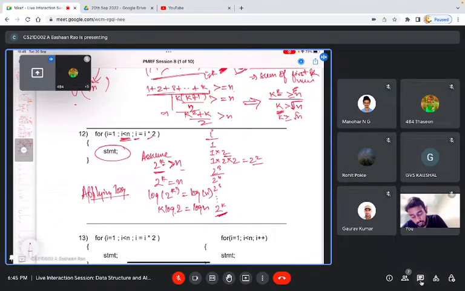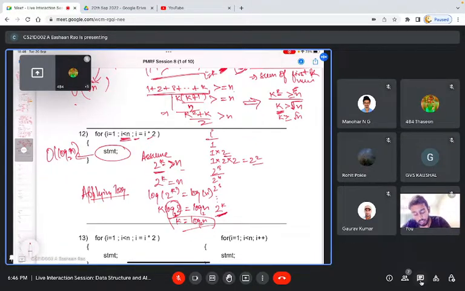Assuming that log is base 2, since for logarithms a certain base should be there, this value will become 1. So k eventually will become log n base 2. So the number of times this statement is going to run is order of log n base 2.